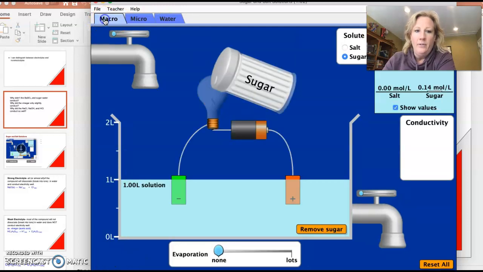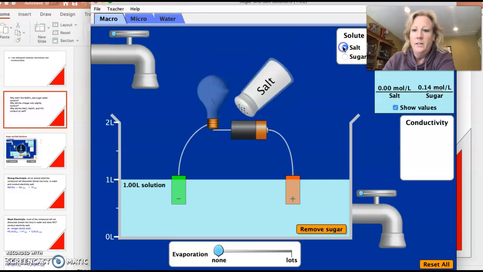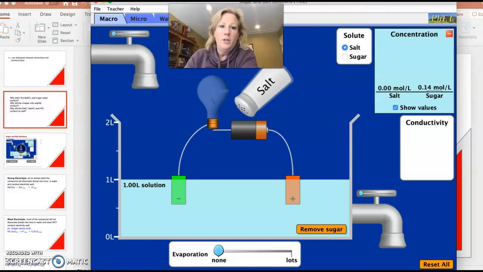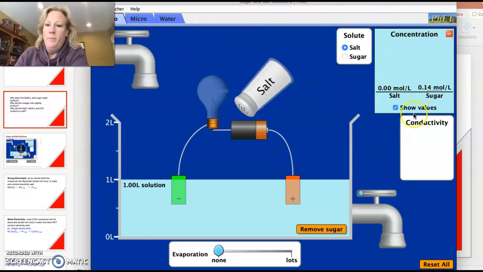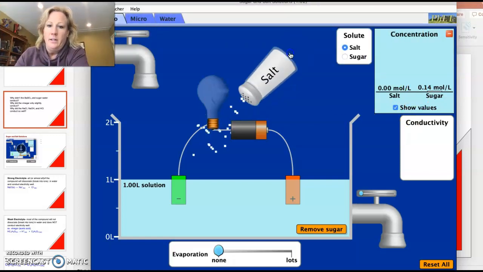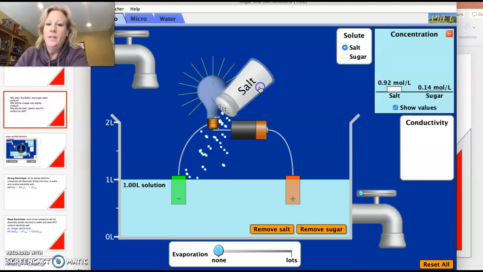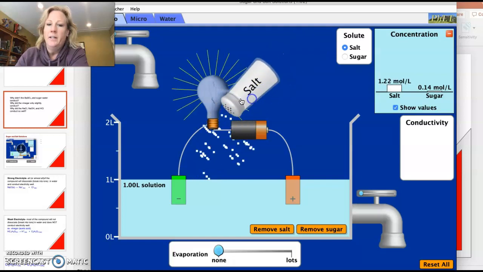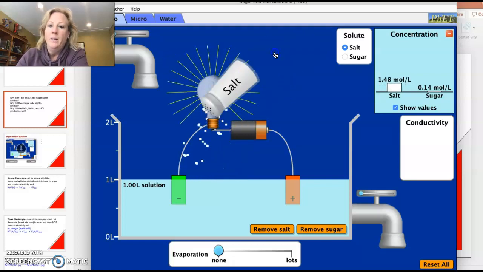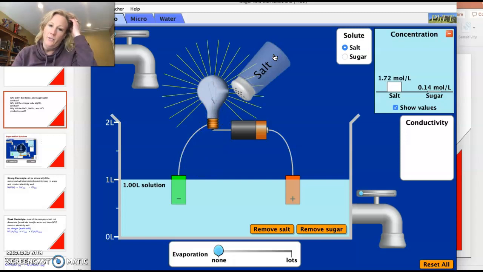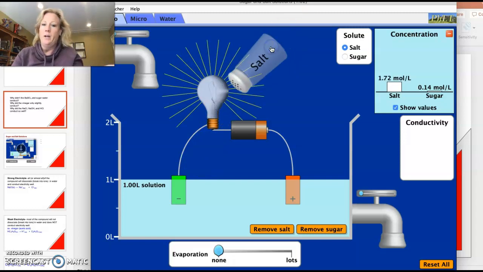So let's do a macro view of salt, and let's move my picture, and I'm just going to start shaking the salt in. You can see that I'm conducting and it's getting brighter and brighter the more I add. It reaches a point where the solution's saturated, and no matter how much salt I add, it's not going to conduct any better.